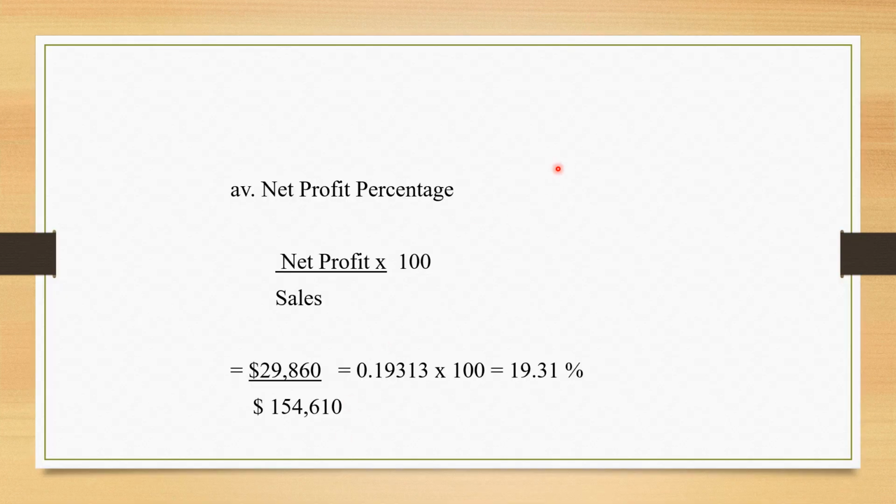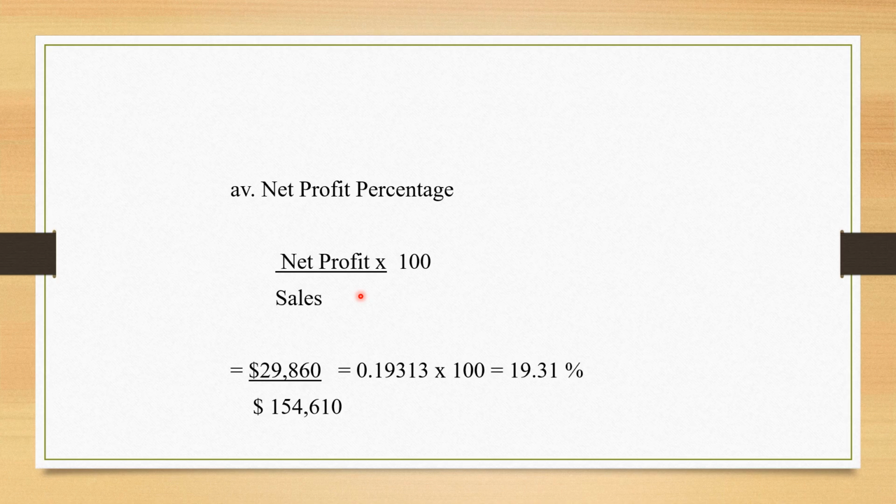So the formula for the fifth ratio, the net profit percentage, is net profit divided by sales multiplied by 100. The net profit percentage is a profitability ratio, just as the return on capital invested. Therefore, it is represented in a percentage figure.